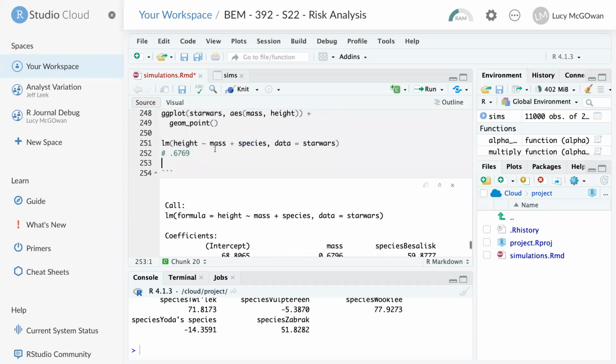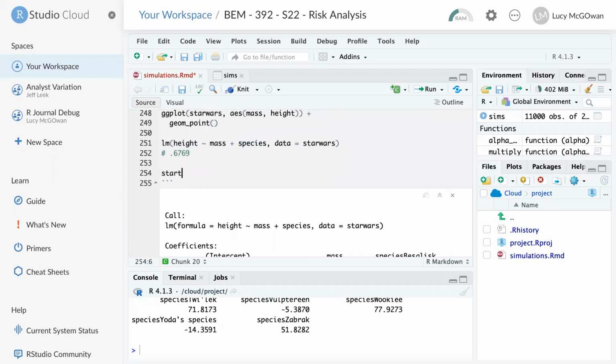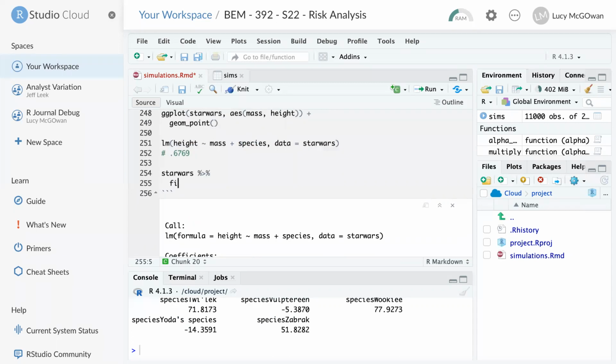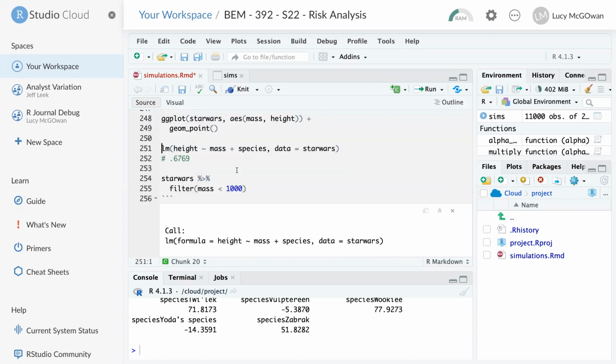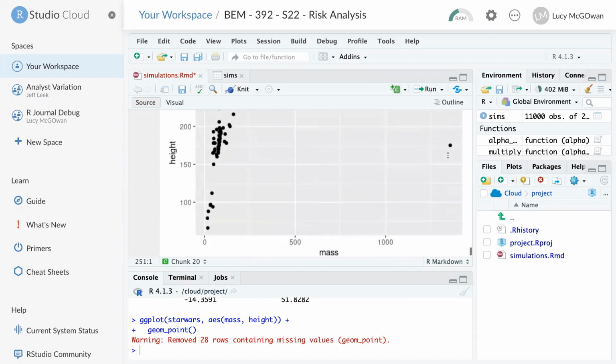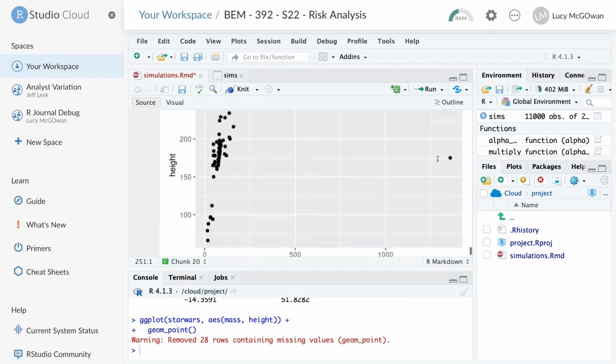All right, now let's try to filter out the outlier to see if that changes our results. So here I'm going to filter. I'm only going to include data where mass is less than 1,000, since when I looked at this point, the only one that was greater than 1,000 was this outlier here.